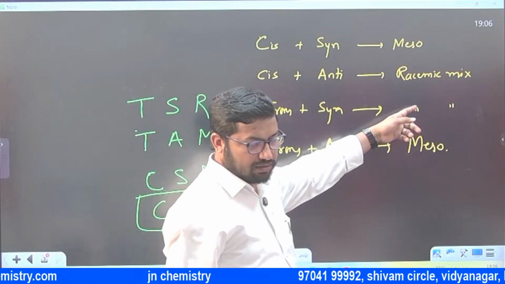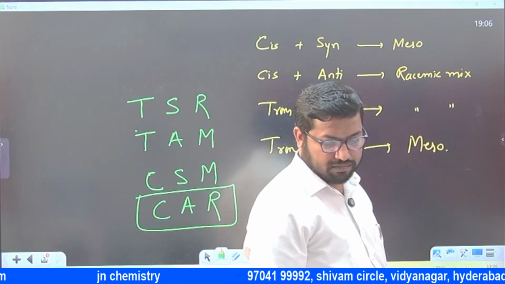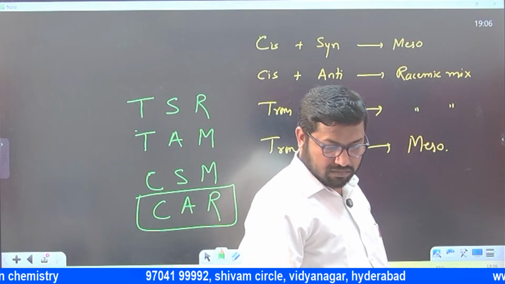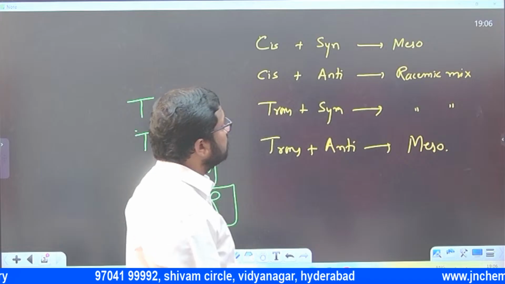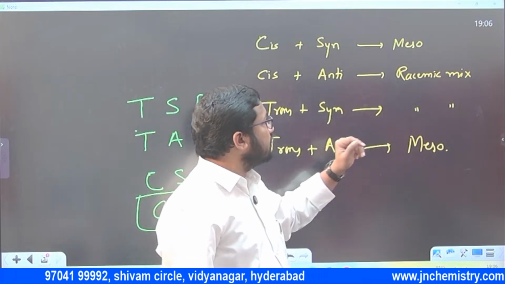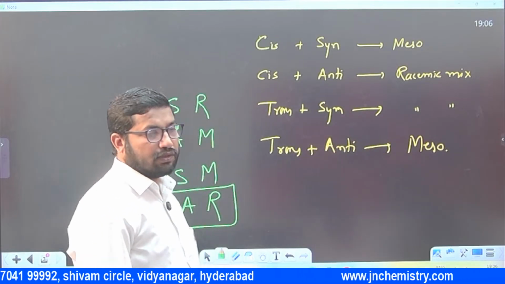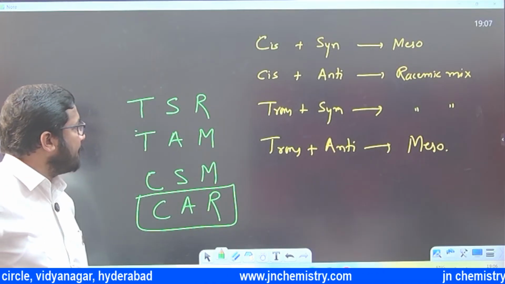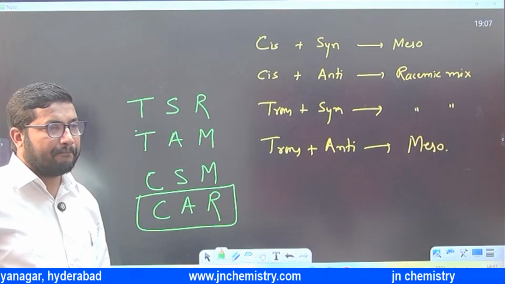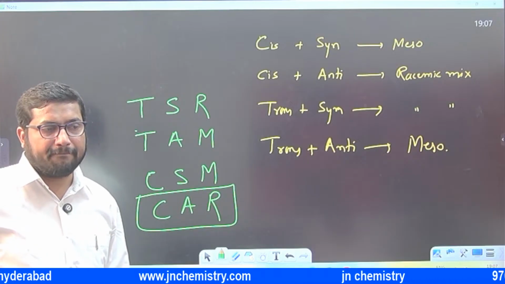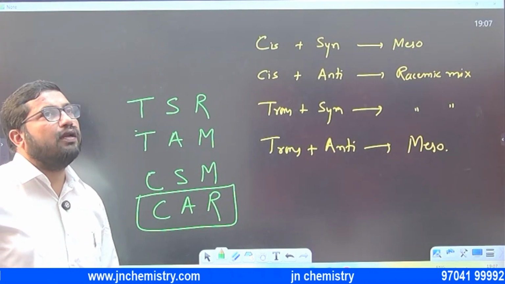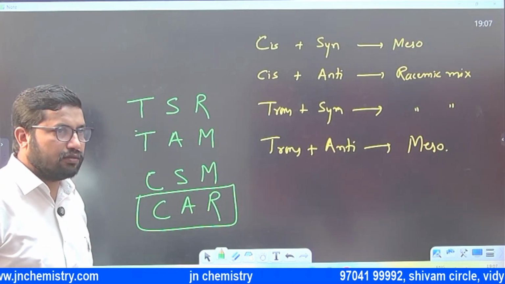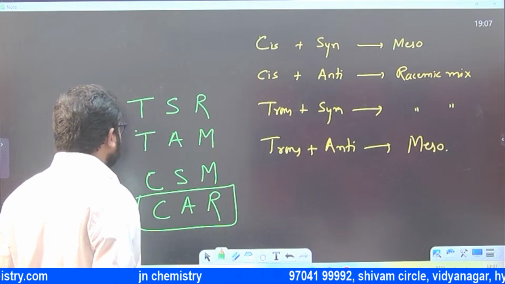Means racemic mixture. So racemic mixture here, not opposite. Addition of chlorine or bromine to alkenes is anti-addition. Before this, we'll discuss this.